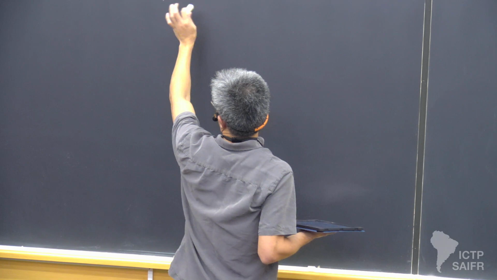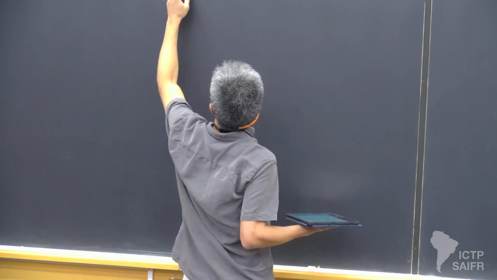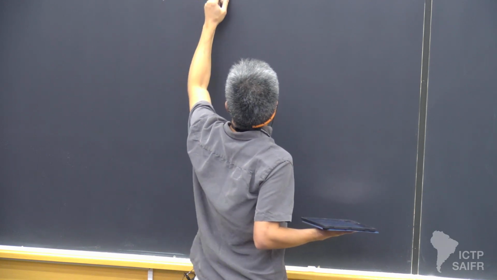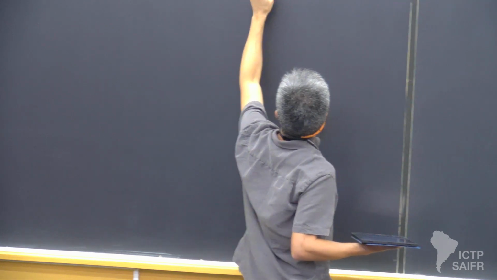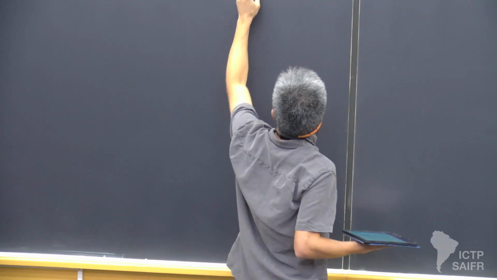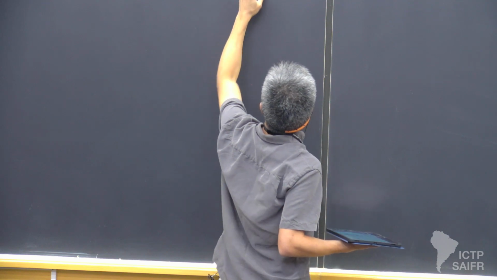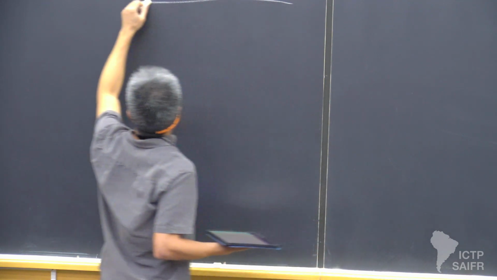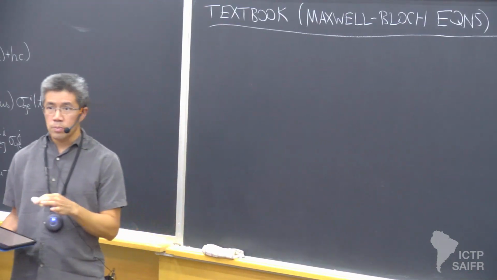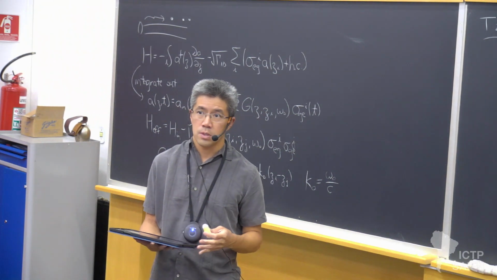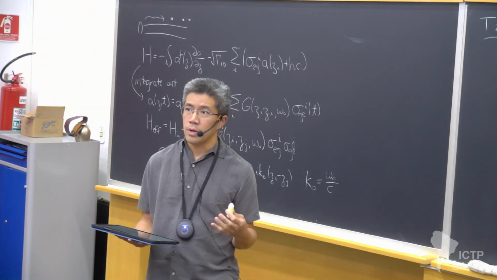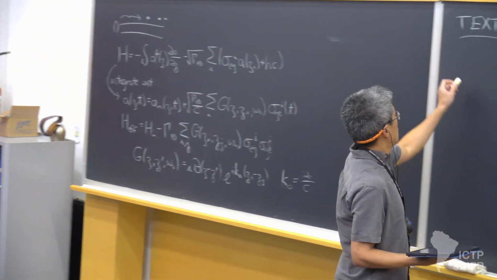So I'd like to talk now about the textbook and why it's wrong. The Maxwell-Bloch equations were historical attempts to understand atom-light interactions in free space.